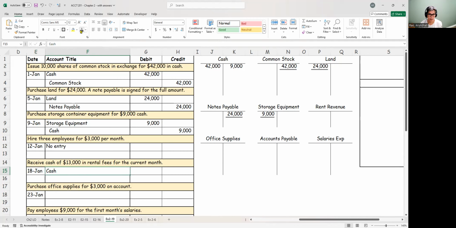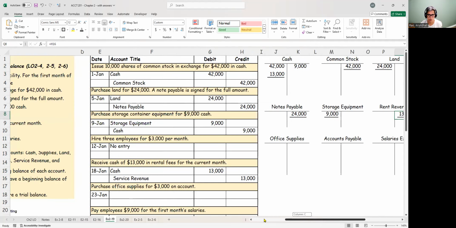Cash is going to be debited because I got cash. My cash balance has gone up by 13,000. The reason my customers paid me the money is because I provided them the service. So for me, it is service revenue. I have earned this. $13,000 debit, and where is my service revenue? Rent revenue or service revenue will be credited.